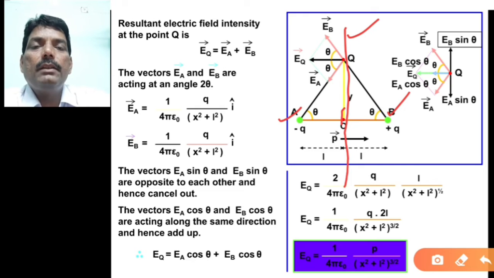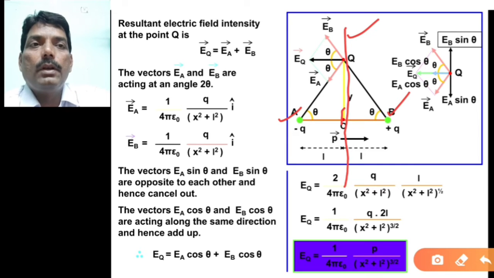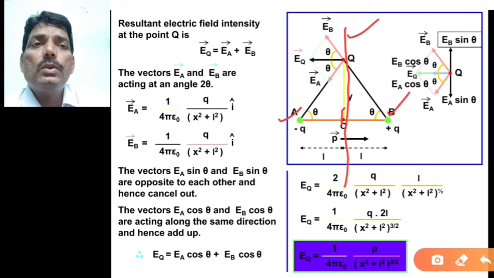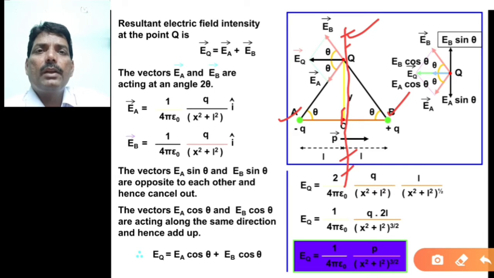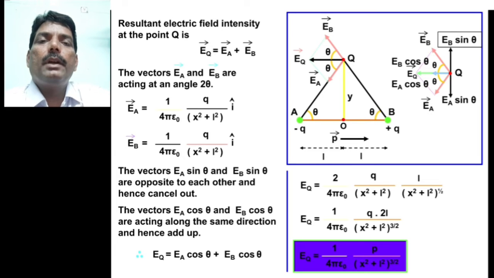On this line you have to locate the test charge for which you have to find the electric field intensity at that particular point. You can locate it here, or in the downward direction also, and you can find the direction of the electric field intensity at that particular point on the equatorial line. So this is related to the equatorial line.